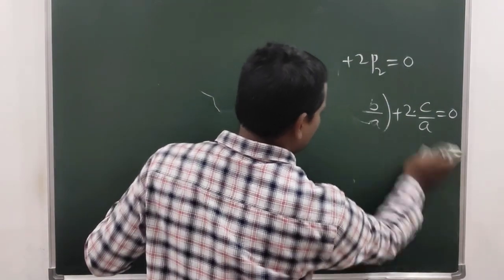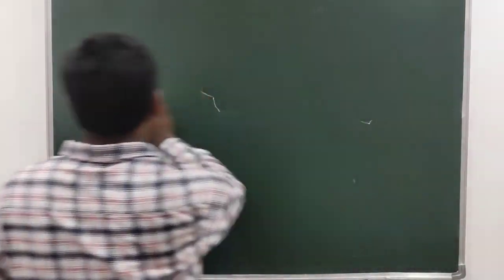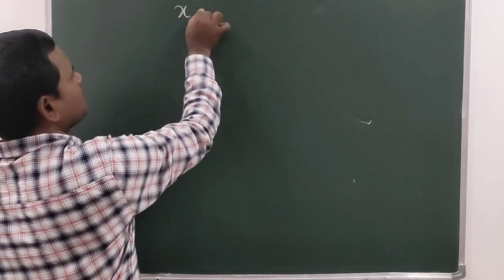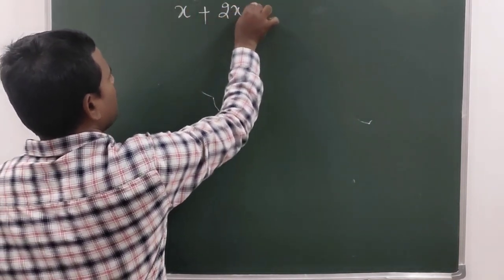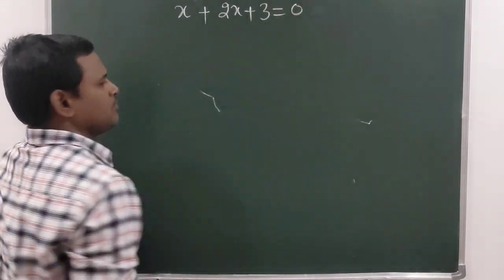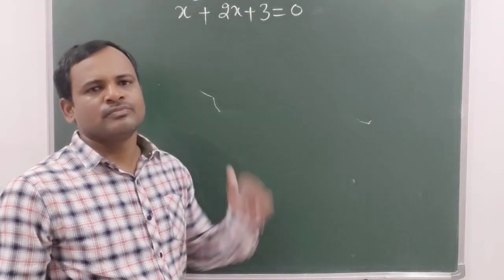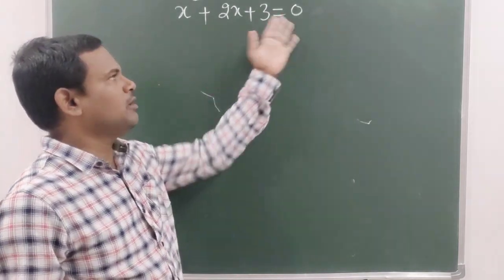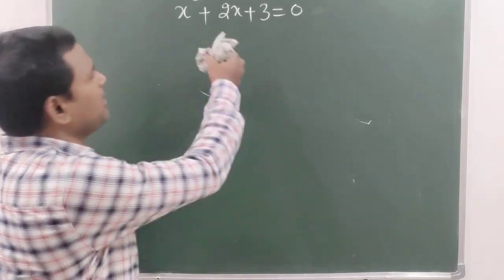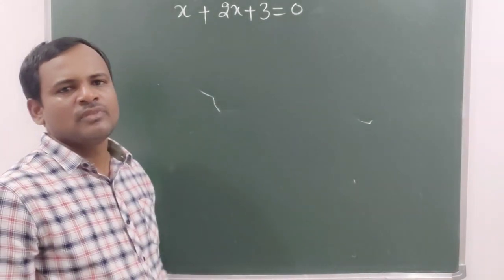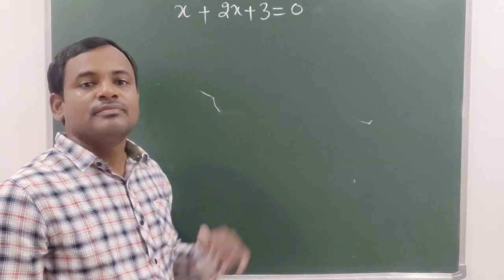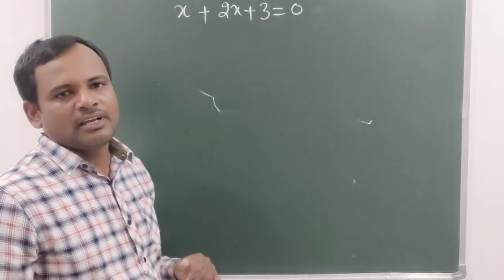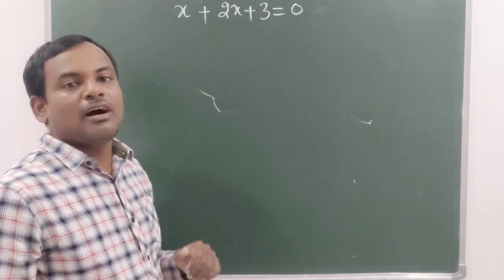See, let us take this quadratic equation x square plus 2x plus 3 equal to 0. Whenever they question you this kind of model, our quadratic equation will be like this, whose roots may be either complex or irrational roots will come. See, for this here, if you solve it, we will get complex roots.